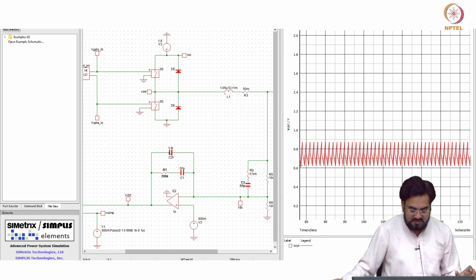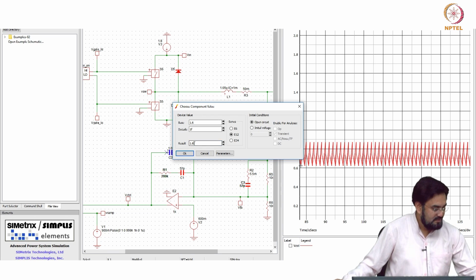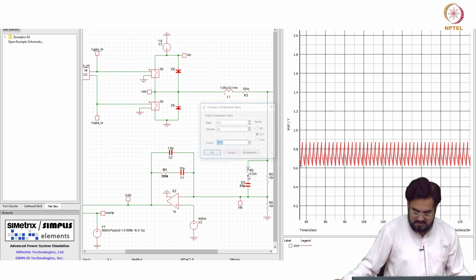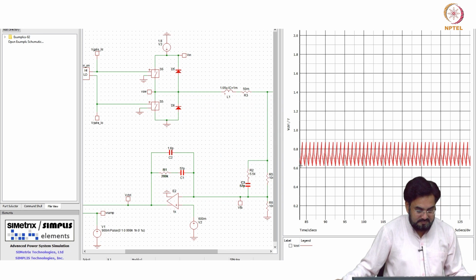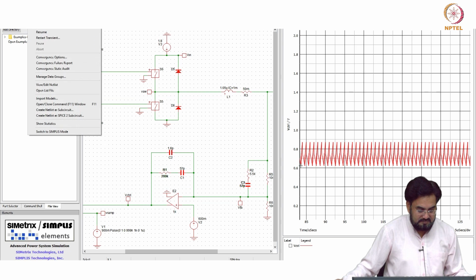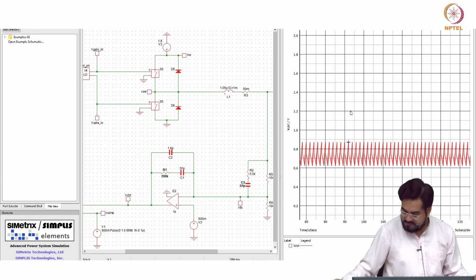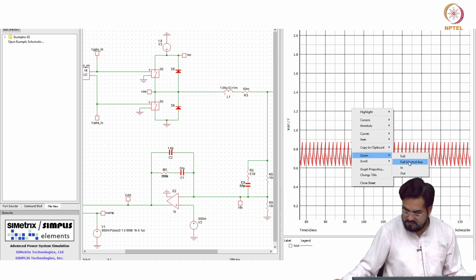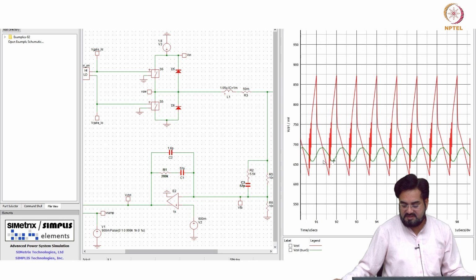Now I will add these poles and see what happens to this. See, huge difference you can see.